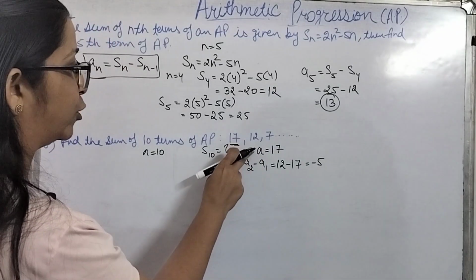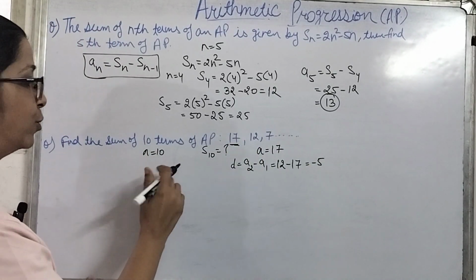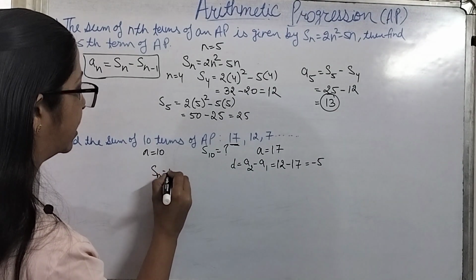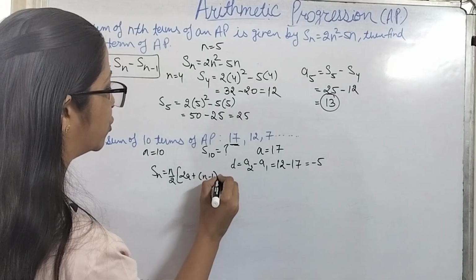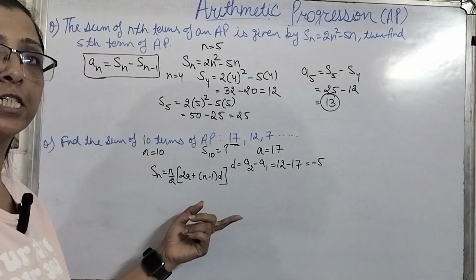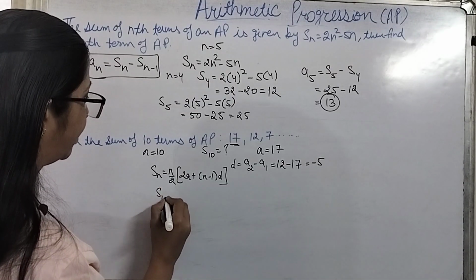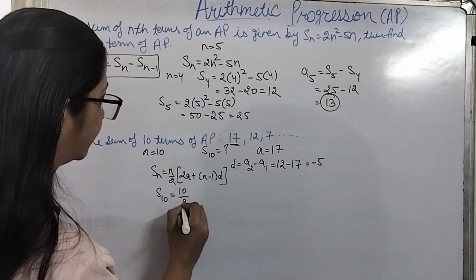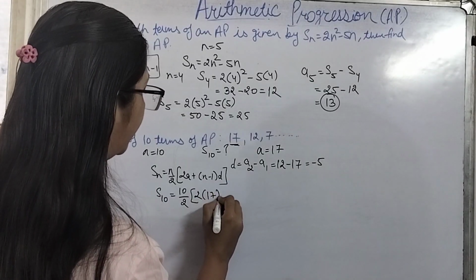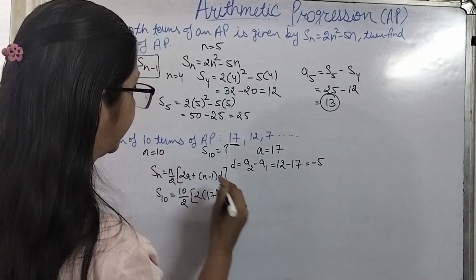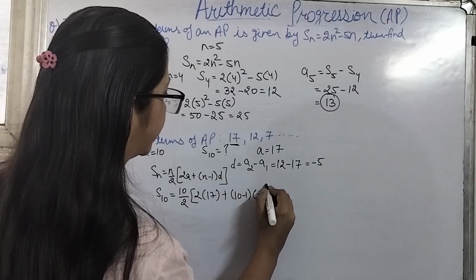Now we have the value of a, we have the value of d, and we know the value of n also. So Sn is n by 2 times 2a plus n minus 1 into d. This is the formula. We will keep all these values here. So S10 will be 10 by 2, multiplied by 2 times a, that is 17, plus 10 minus 1 multiplied by d, that is minus 5.